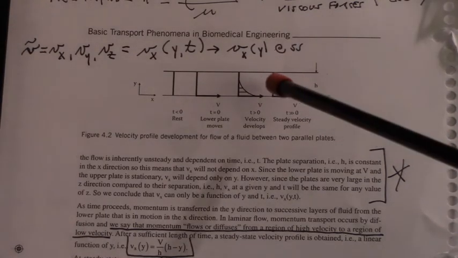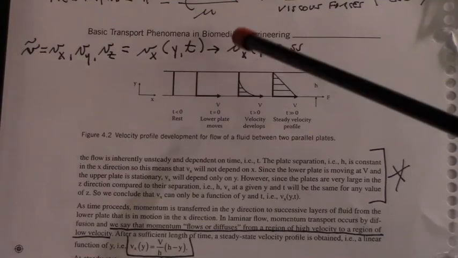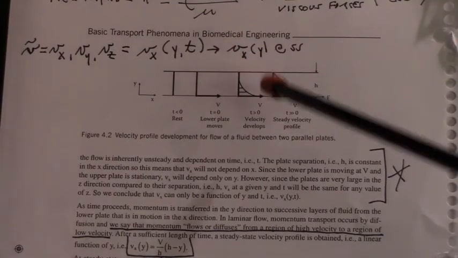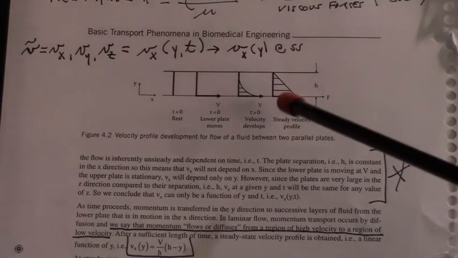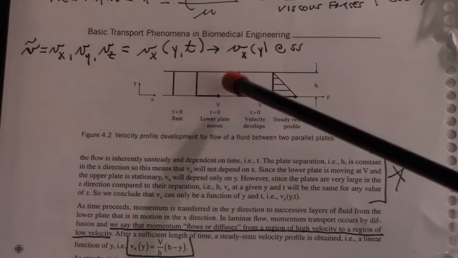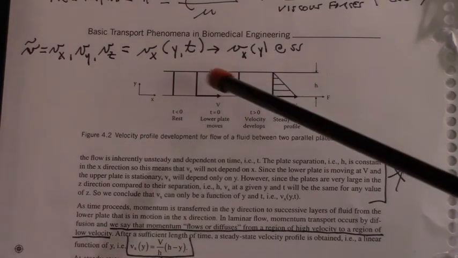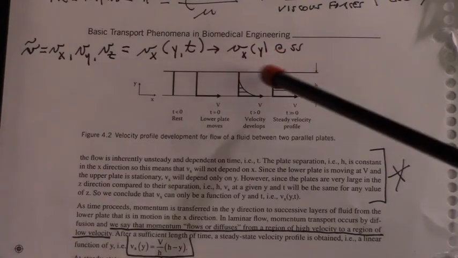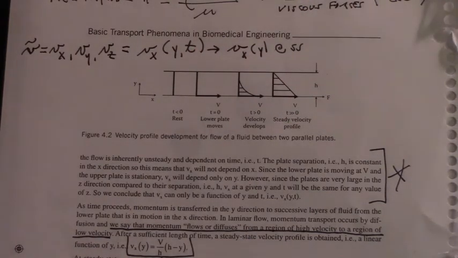So as you can see in this diagram right here, if we were measuring the velocity profile in the fluid at some later time, we would start to see that there would be some distance at which the velocity would go to zero, and then beyond that, this fluid out here hasn't even noticed the fact that the lower plate's moving.